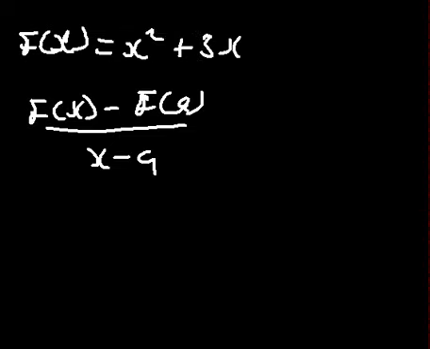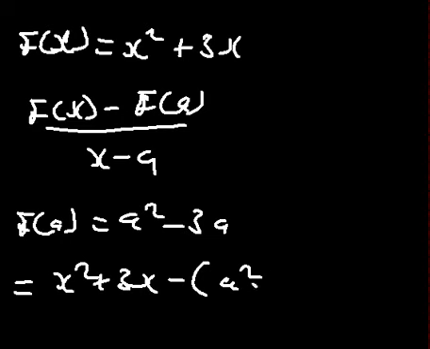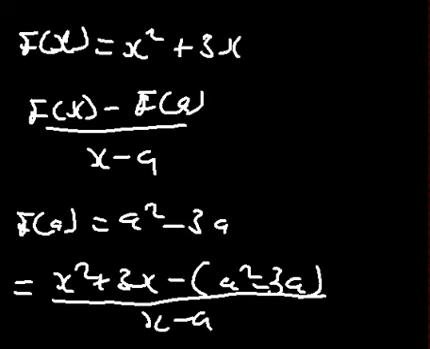The principle remains the same. What is f(a)? We have it as a squared minus 3a. Then it means we'll have x squared plus 3x, as f(x) is the same function, and the minus, so a squared minus 3a, divided by x minus a.